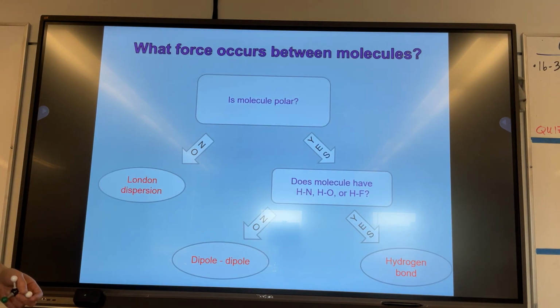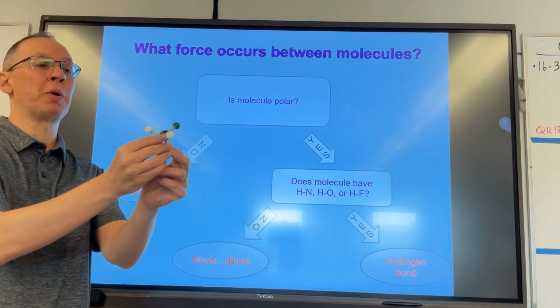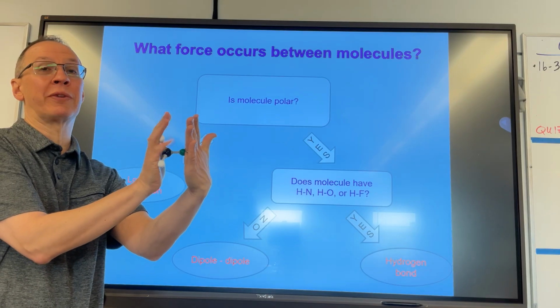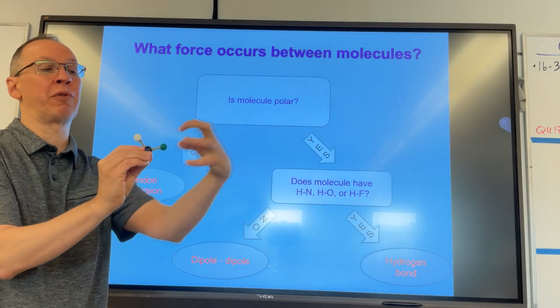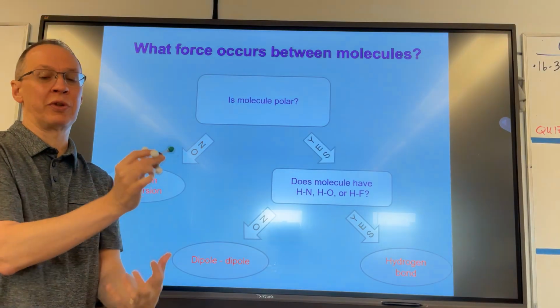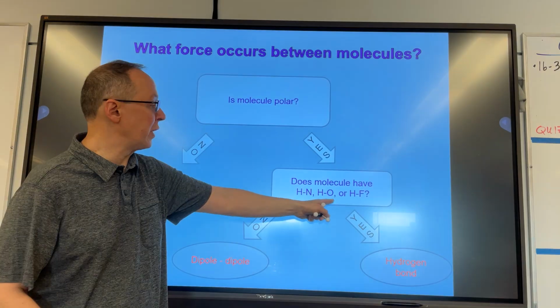Is the molecule polar? Yes, this molecule is polar because it's not symmetrical. You have a green side here and a white side here, the fluorine and hydrogen. The fluorine is going to be pulling much harder for electrons than the hydrogen side, so this is considered a polar molecule. So again, we answer yes.